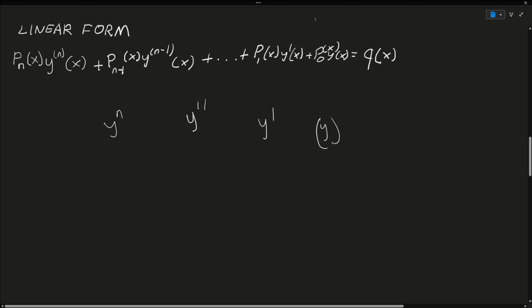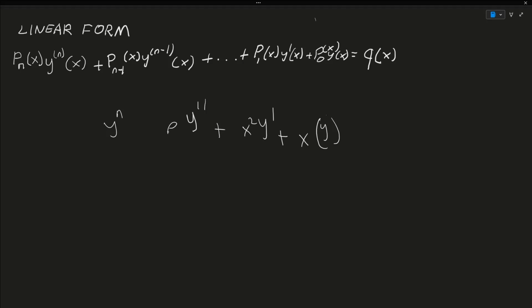And then you can multiply them with any kind of x function. Any x function is fine. And we could set this equal to a q of x function, x squared, or a q of x function could be a constant or a zero.